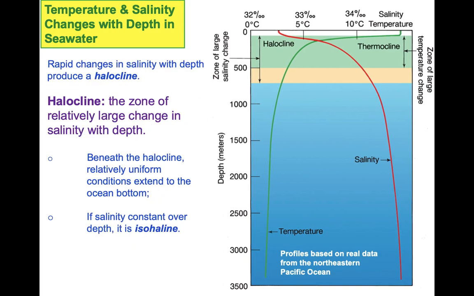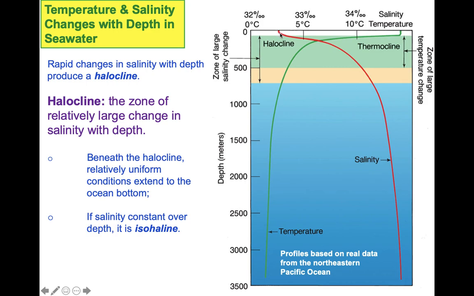Now let's take a look at the salinity changes and the halocline given by this red profile. Again, in the very top part of the ocean water system, the salinity changes are very minimal. It's a well-mixed zone, and the line, a little tick mark there, is nearly vertical.